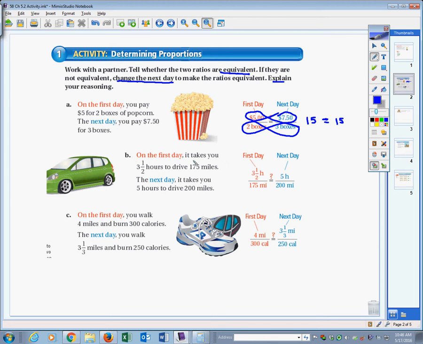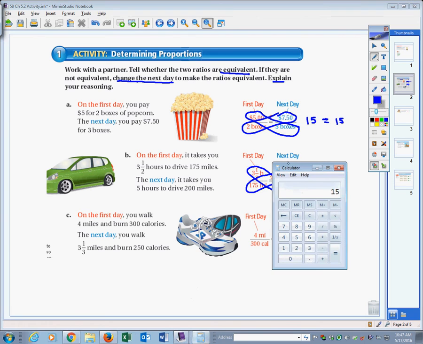On the first day, it takes you 3.5 hours to drive 175 miles. The next day, it takes you 5 hours to drive 200 miles. Once again, we're going to be looking at our cross products. We're going to look at these diagonal numbers here, and then these diagonal numbers there.